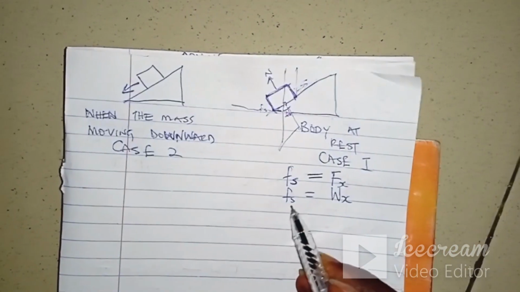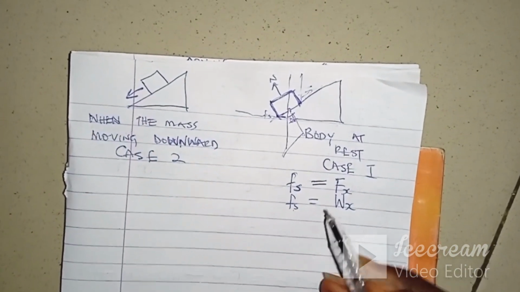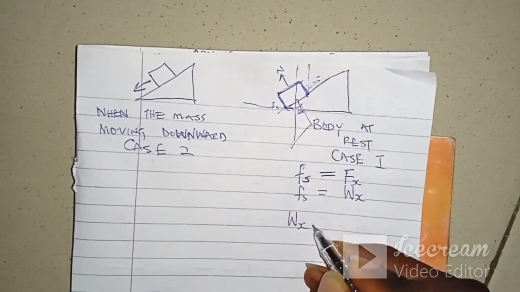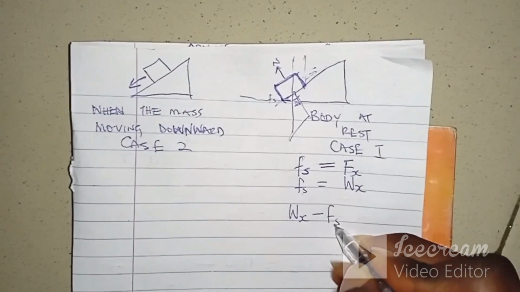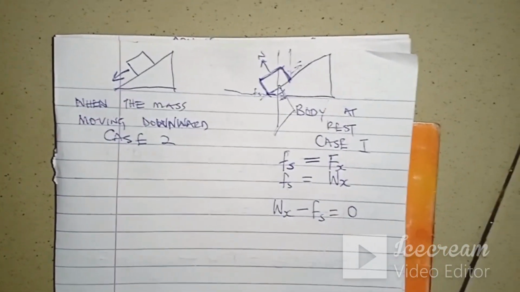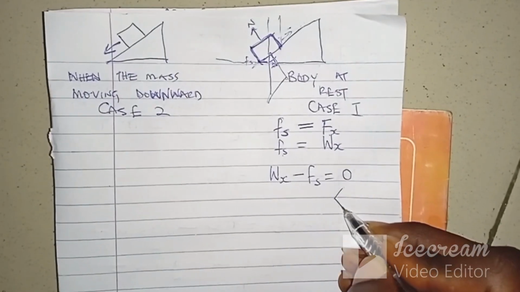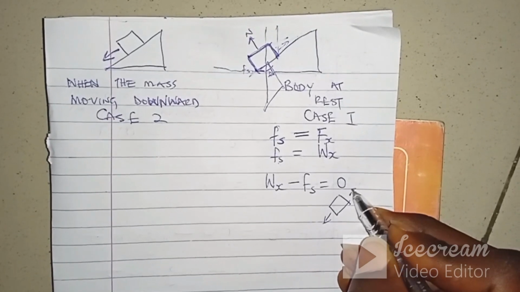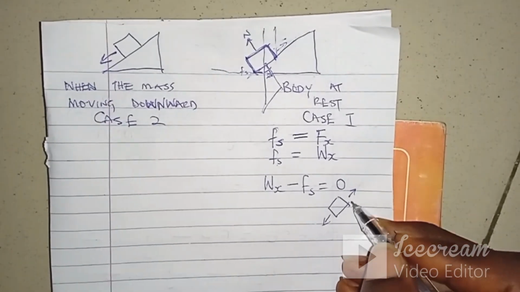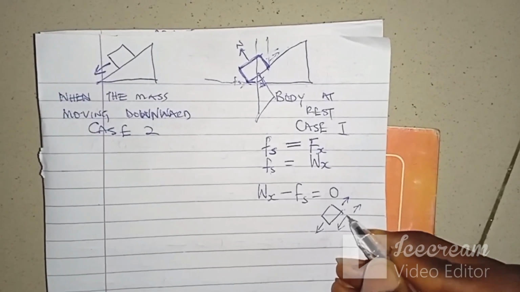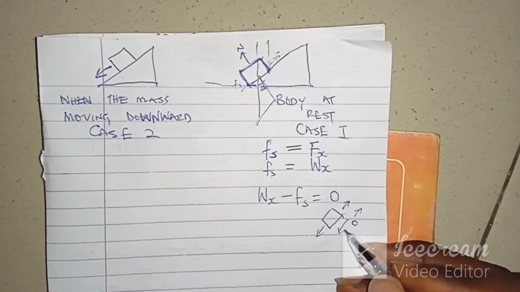So they are equal, which means Wx minus Fs is equal to 0. As the body naturally tends this way, static force will want to go in the opposite direction. But because it's at rest, nothing is happening.